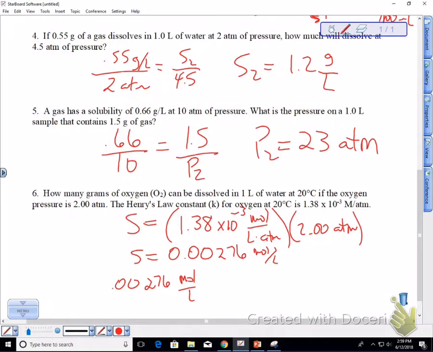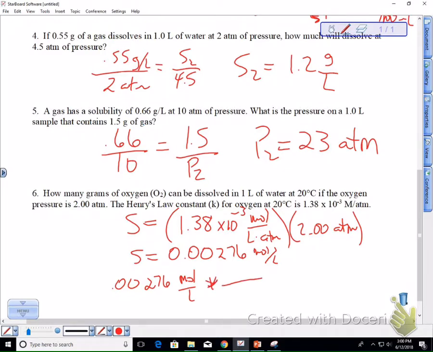All right, here are the answers to 4 and 5. They're pretty straightforward. Hope you got 1.2 grams per liter and 23 atmospheres. Number 6 was just a little bit different. It went back to using the S equals KP relationship. If you just plugged in, you got S to equal 0.00276 moles per liter. If you were a little unsure about how to go to grams, it's just a mole conversion.